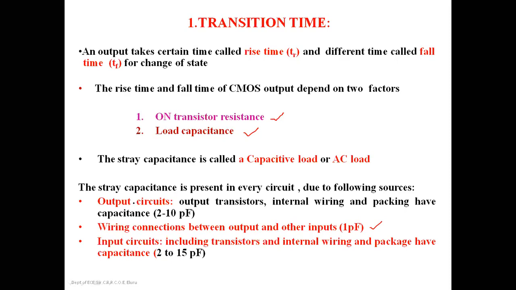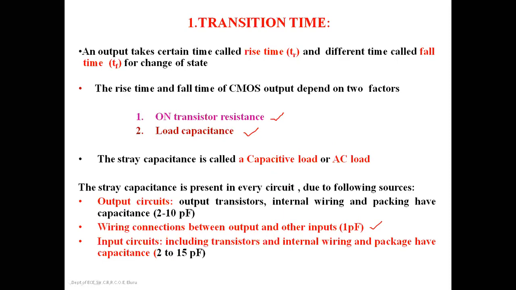Let's say the output circuit. When you take the CMOS inverter circuit, the output transistor models some stray capacitance, because it has three terminals, source, gate and drain, and across these terminals it models capacitance.